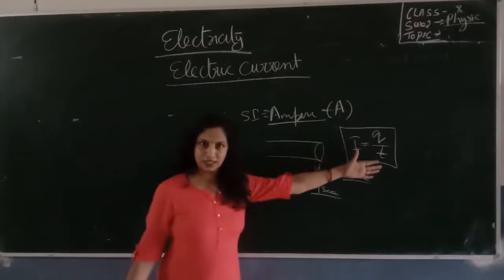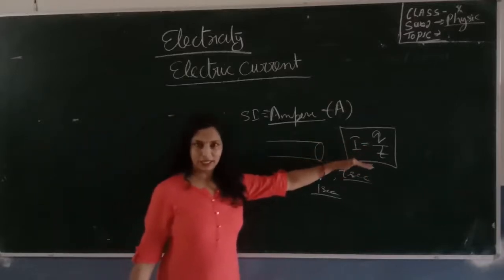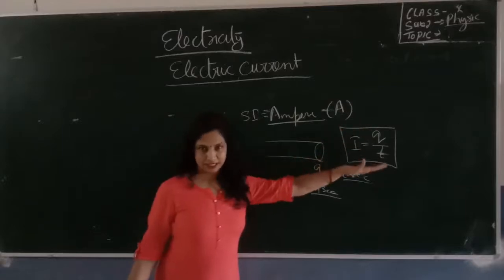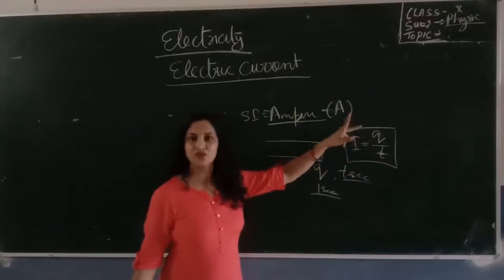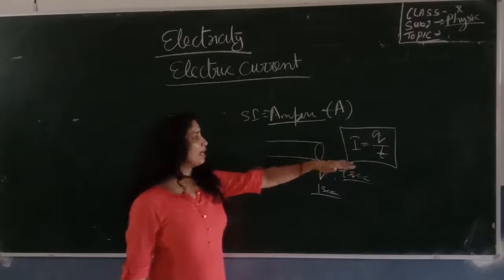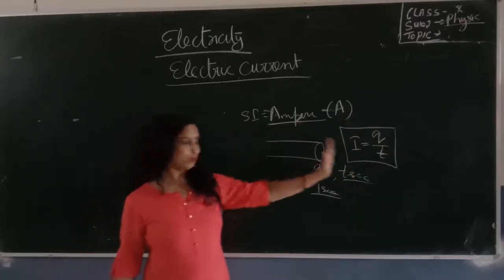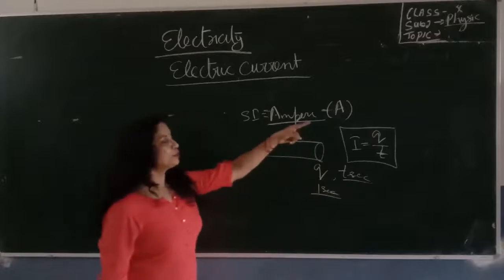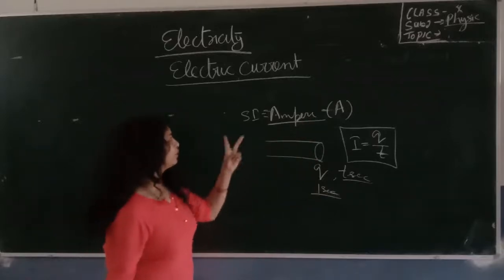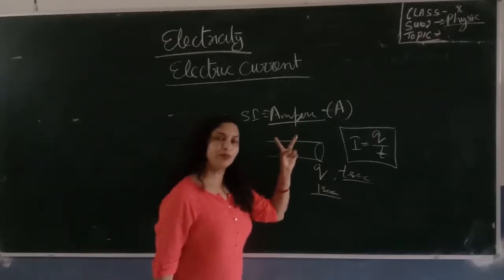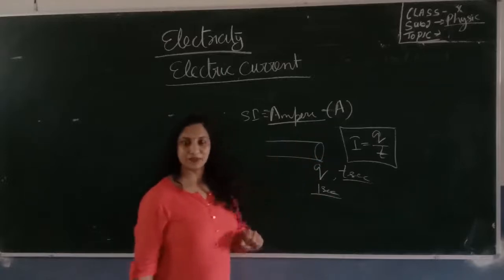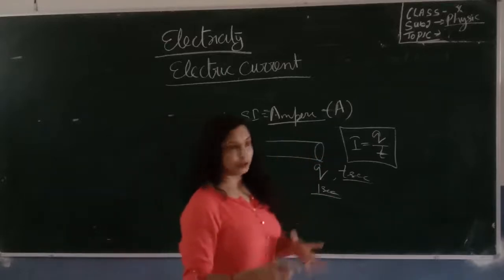We represent it by I, and I is equal to Q upon t, where Q is the charge flowing through any cross section and t is the time taken by the charges to flow. The SI unit of current is ampere, represented by the symbol capital A. So we can write all these things in the notebook.